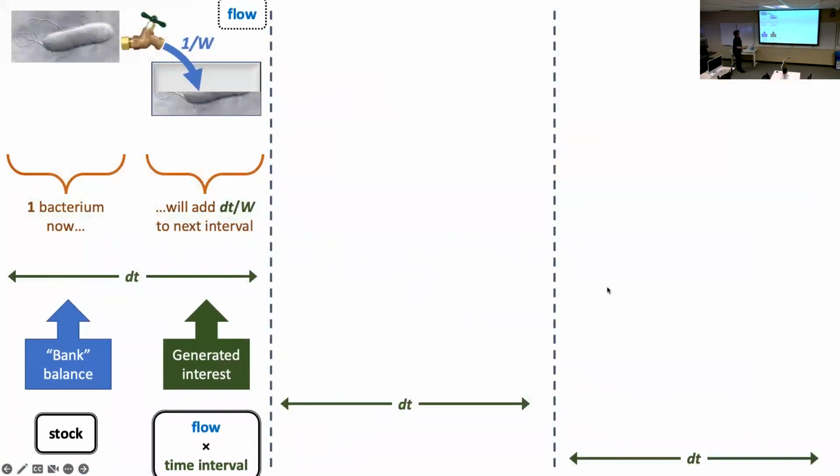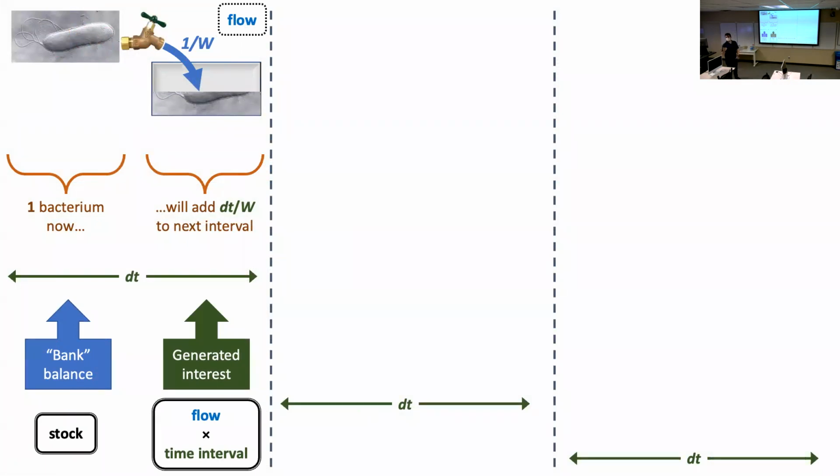So the way that looks is we've got a stock of bacteria, our population of bacteria. Let's say there's 1 of them. And then we have this 1 over w is what we're calling a flow. So we had interest rate, which was kind of related to this, but the interest rate in the bank is what we refer to as the flow times the time interval.